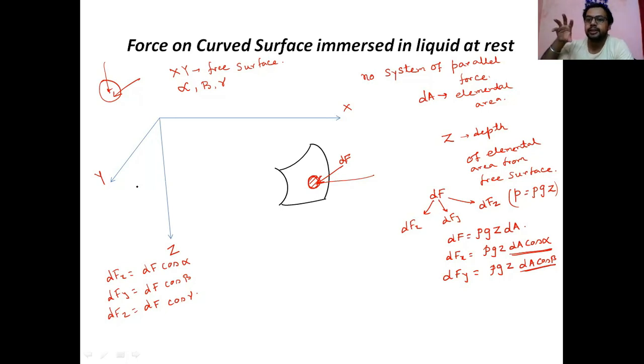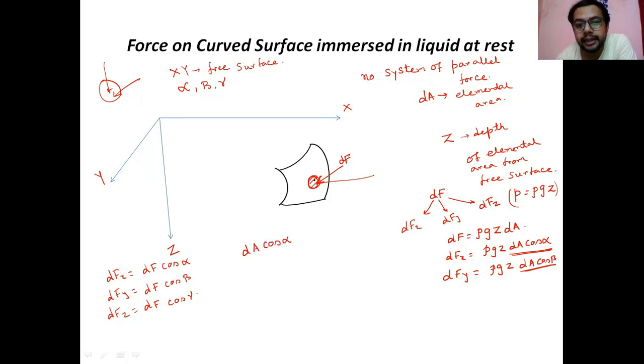So if you project the same area over the xz plane, the projected area will come as dA cos alpha. These two parts are dA cos alpha and dA cos beta.